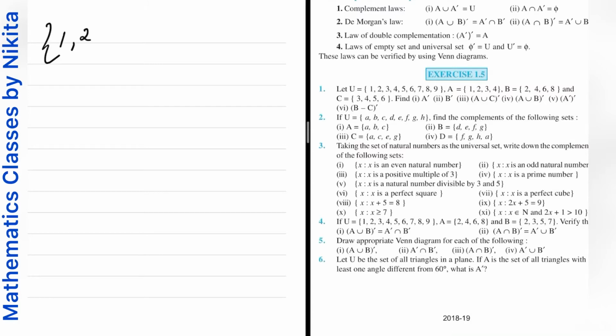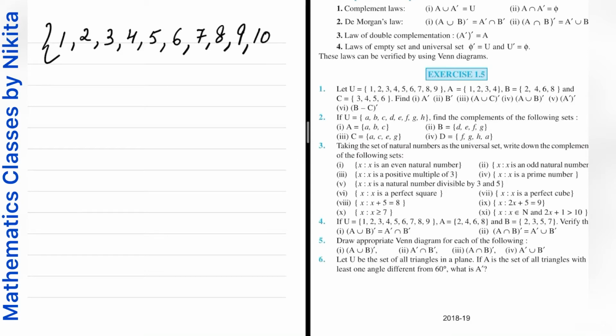So 1 2 3 will be there because 3 is not divisible by 5. Then 4, 5 will also be there because 5 is not divisible by 3. Then 6 will be there क्योंकि 6 is not divisible by 5. Then 7, then 8, 9 will be there because 9 is not divisible by 5.